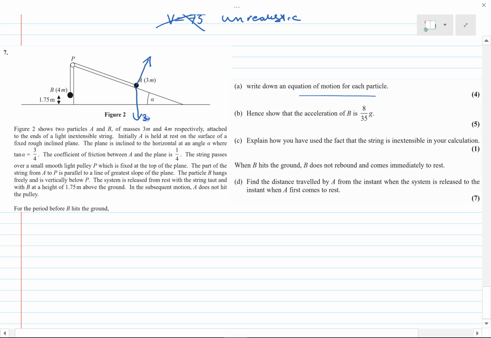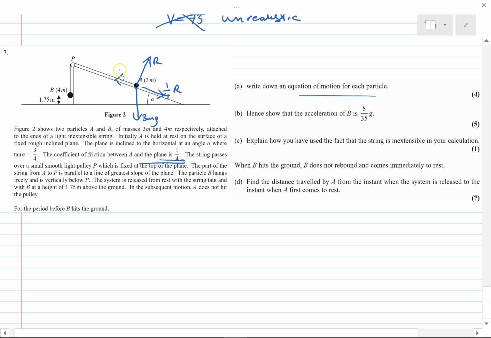So we've got 3mg downwards, R, and friction, which is a quarter R, going down the slope, since the particle will obviously move this way.